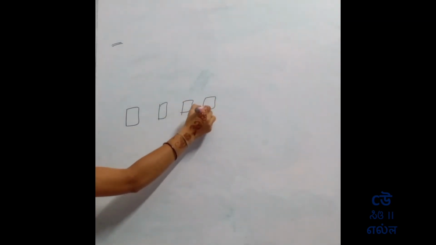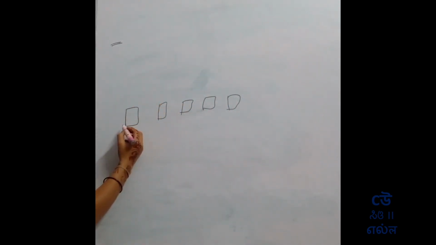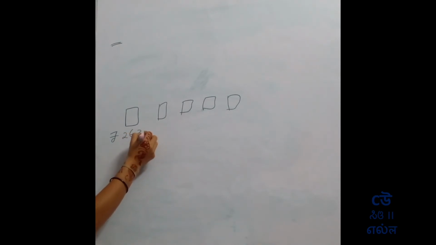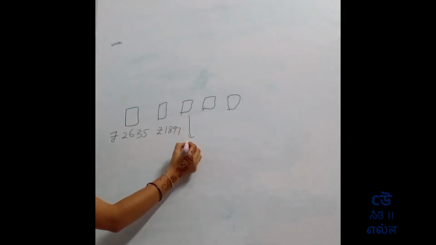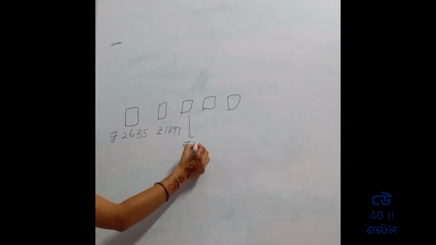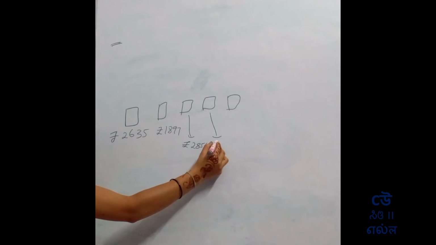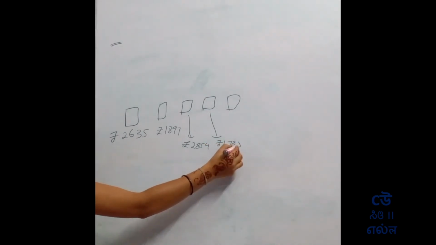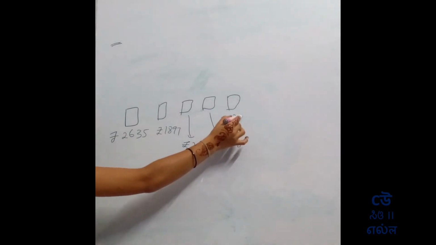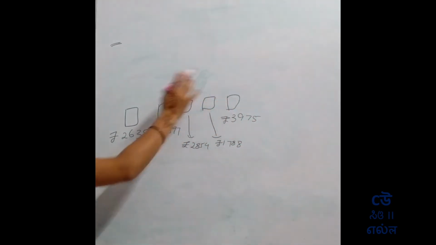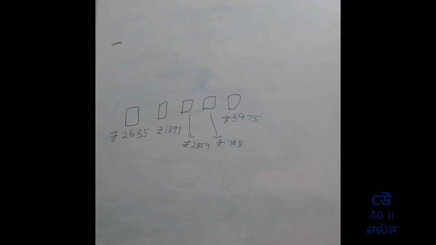For example, okay, this is the Almira. So there are different tags with them. That is, this is the price tag which is attached to that product.